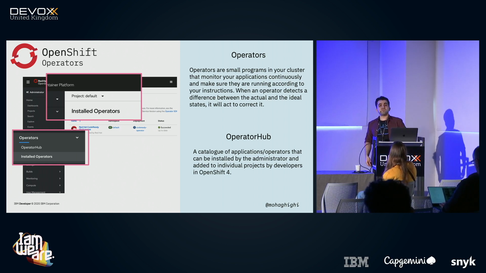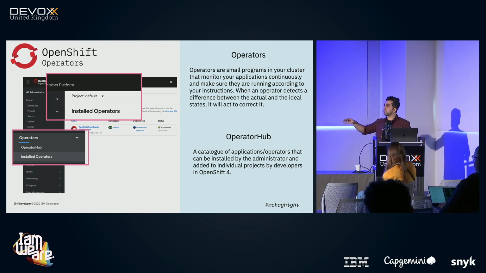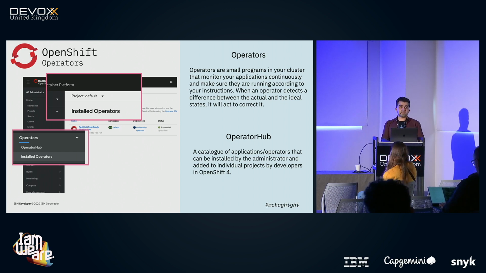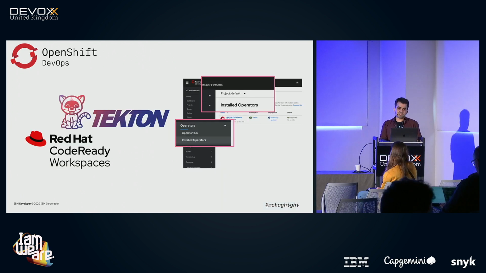Anyone looking for your solution can easily look it up in the OperatorHub within their OpenShift cluster, and they can install it with one click. That becomes available to their entire cluster, and they can decide what projects can use it. So again, another important factor that you can't find in the competitive offerings.